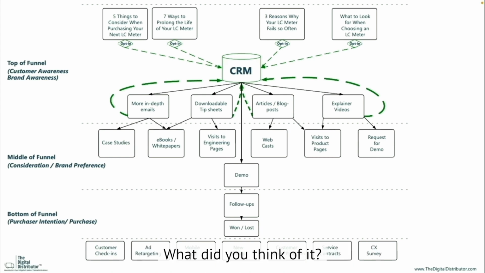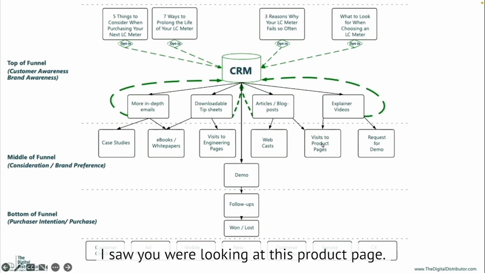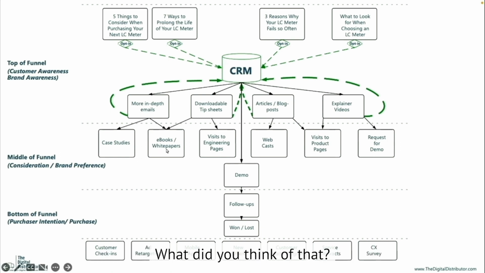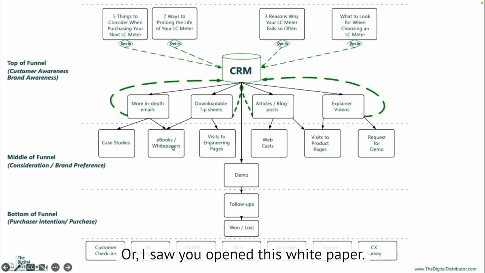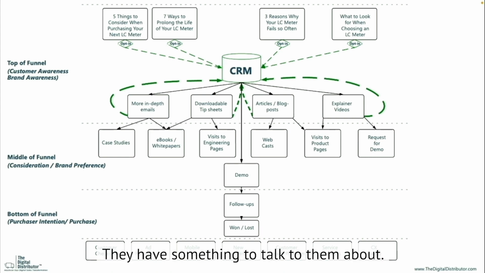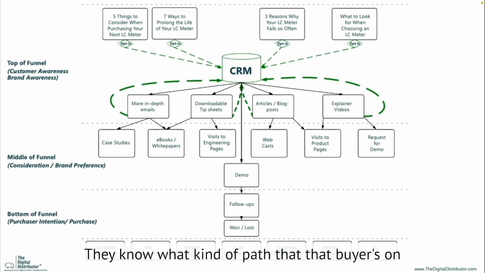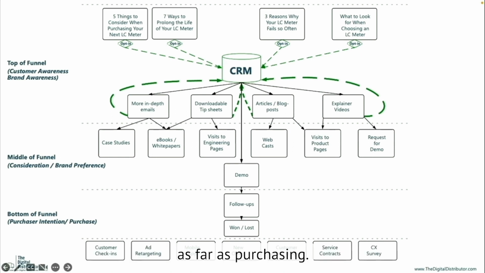What did you think of it? What did you think of this? I saw you were looking at this product page. What did you think of that? Or I saw you open this white paper. What did you like about that? They have something to talk to them about. They know what kind of path that buyer's on as far as purchasing.